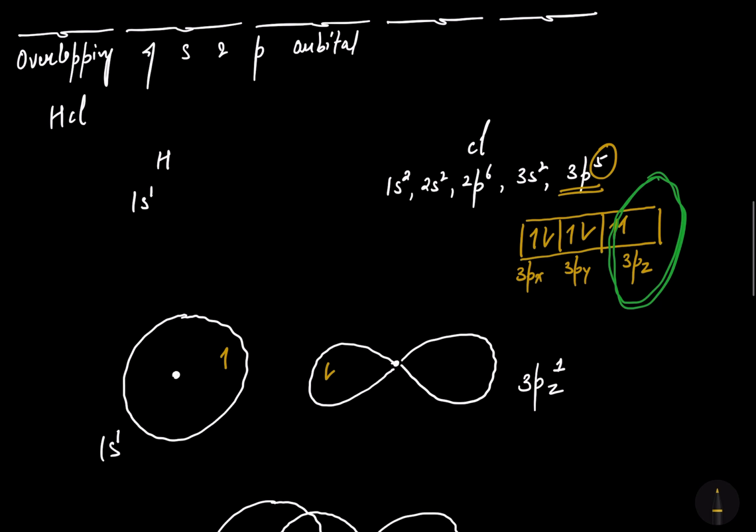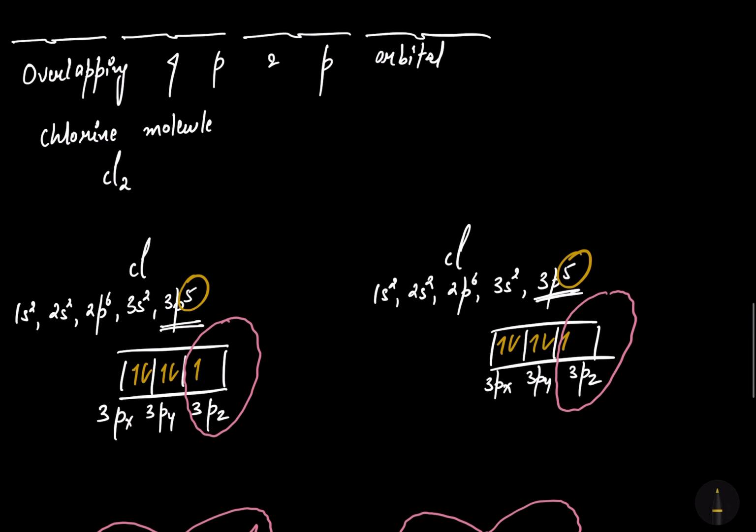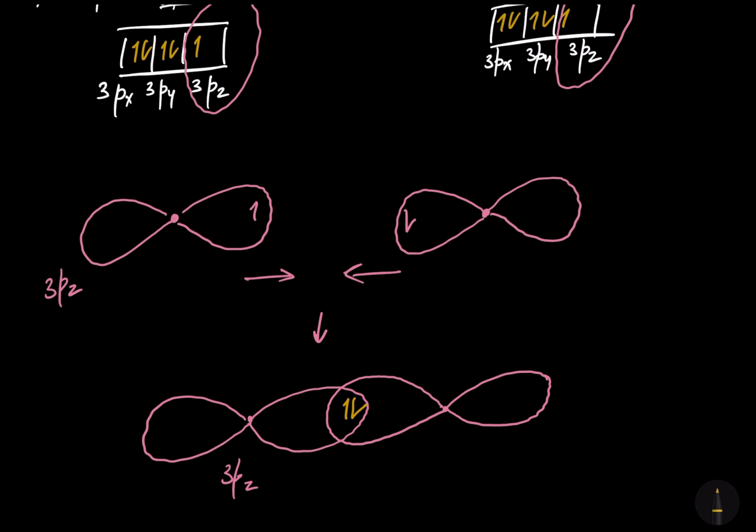The molecule of HCl, in which the overlapping of the s orbital of hydrogen and the p orbital of chlorine has taken place. And the third one is the overlapping of p and p orbital. Here we have taken the chlorine molecule in which the overlapping of 3pz of the first chlorine and the 3pz of the second chlorine has taken place. When the overlapping takes place, the electrons of both the orbitals but with opposite spin will come in the overlapped region, and this is the covalent bond in reality.